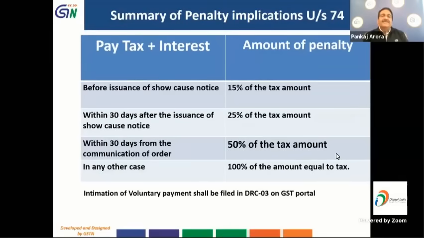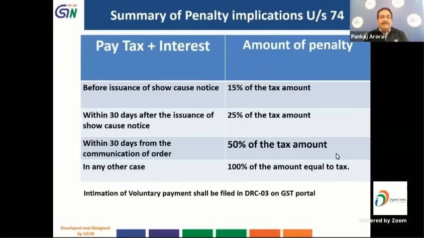If the notice has been issued and within 30 days after the issuance of such show cause notice such person pays tax plus interest and 25% of the tax amount as penalty, in such case also no further action will be taken by the department.